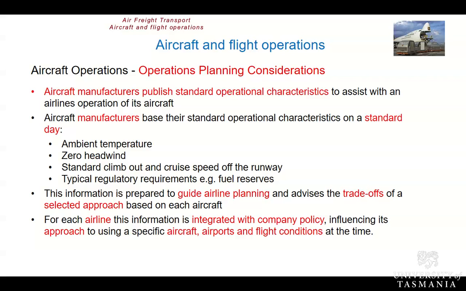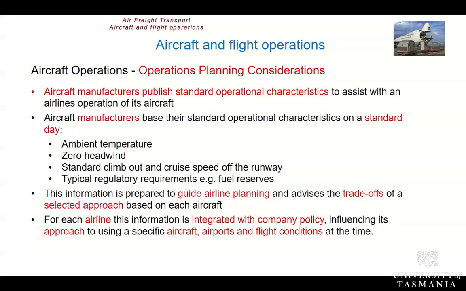Each aircraft has a set amount of characteristics which will impact the airports it can go to. It will also impact the distance it can fly. So there's a whole lot of considerations at that point in time.